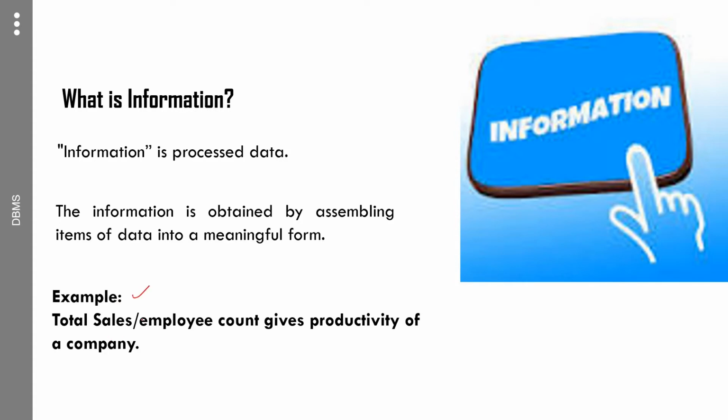Now, let's take the same example. Suppose that company is generating invoices against different orders and it is also generating the invoices in all its branches. Now, as a senior manager, I want to get some information about the total sales per employee count because I want to have an idea about the productivity of my company so that I can take required measures for that.